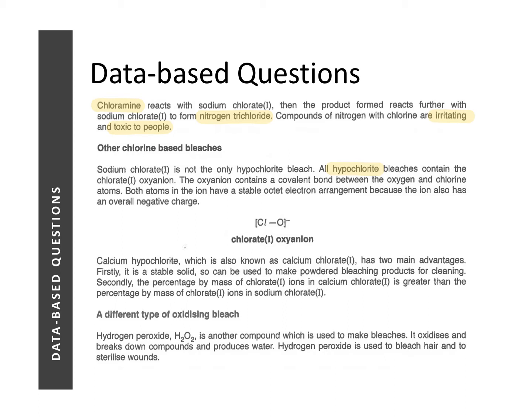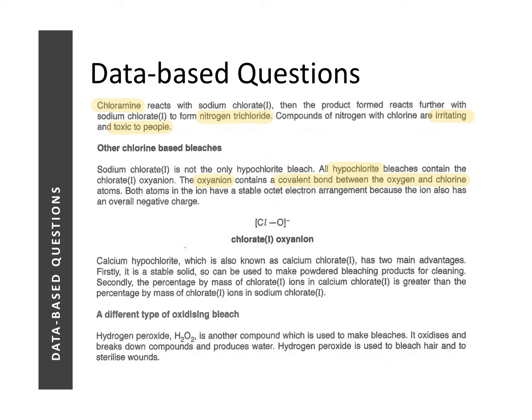They go on to tell you that it's known as an oxyanion, and the sentence also tells you what exactly an oxyanion means. It means that you have a covalent bond between oxygen and chlorine atoms.